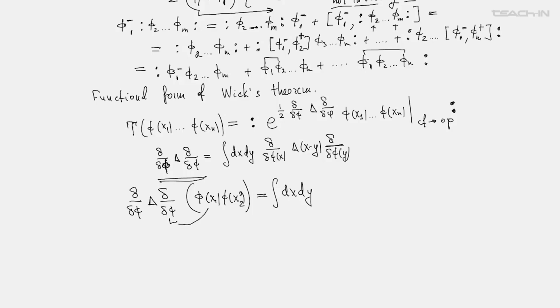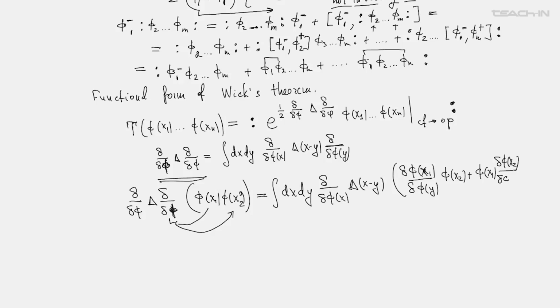So this functional derivative acts, of course, by the Leibniz rule. So you will get delta phi on x, delta x minus y, and then you will get delta phi on x1, delta phi on y, phi on x2, plus phi on x1, delta phi on x2, delta phi on y, right?